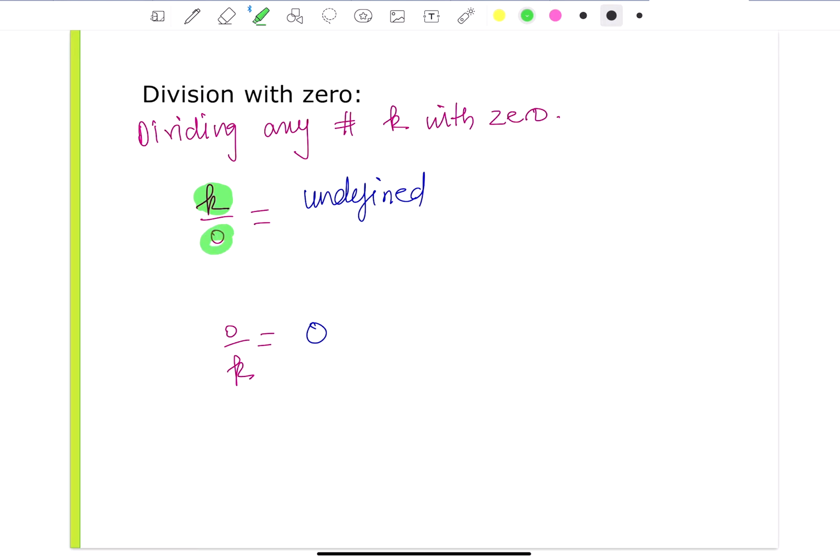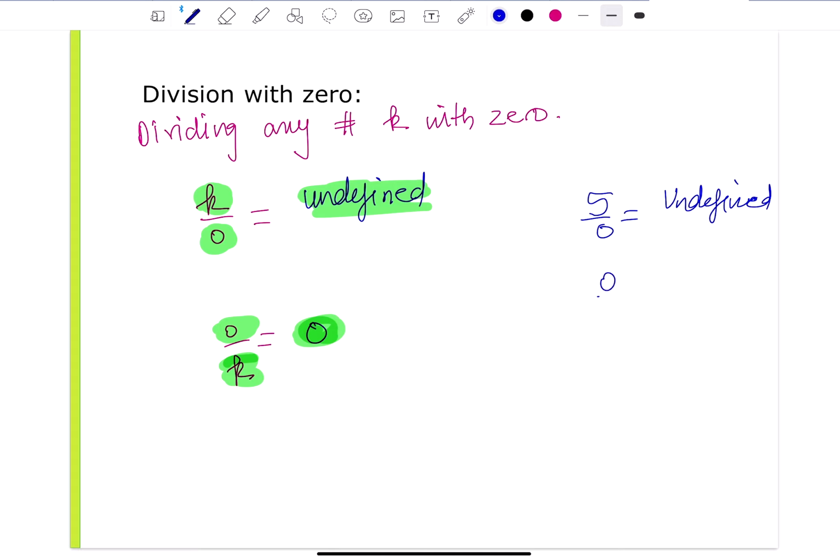Dividing any number k over 0 is undefined, and dividing 0 over k is okay. It's still going to be 0, still a real number. For example, 5 divided by 0 is undefined, and 0 divided by 5 is equal to 0.